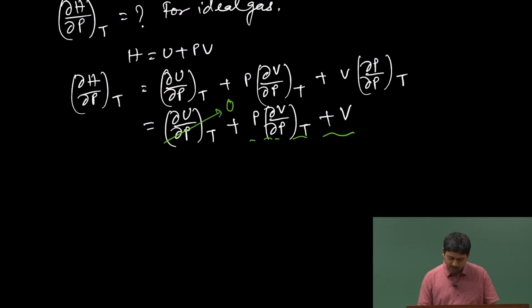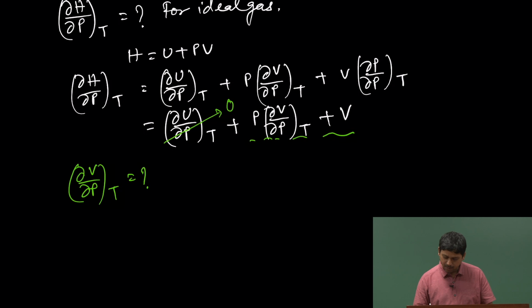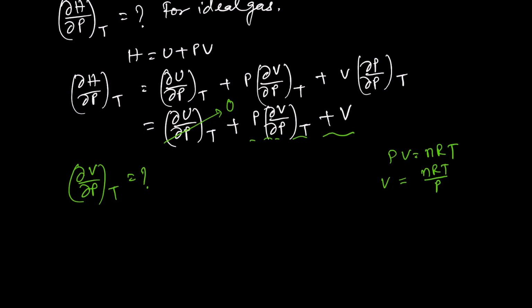Now, what is del V by del P at a constant temperature? Remember, PV equal to nRT. So, V equal to nRT by P. So, del V by del P, that means I am taking a derivative with respect to pressure at a constant temperature. nRT is fixed, right, into minus 1 by P square, correct.